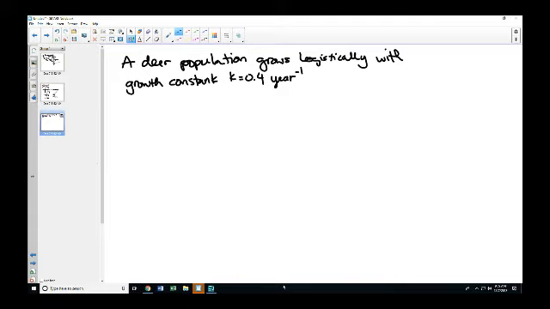In a forest with carrying capacity 1,000 deer.